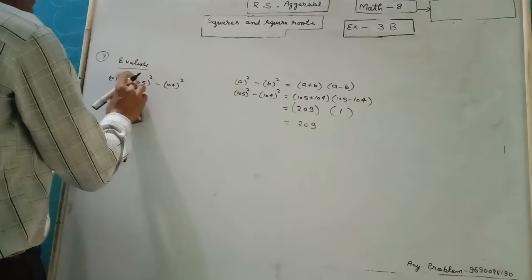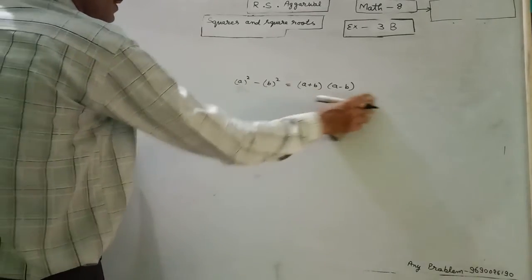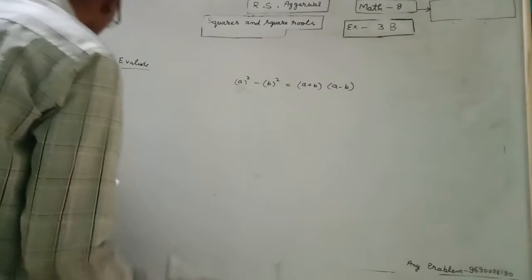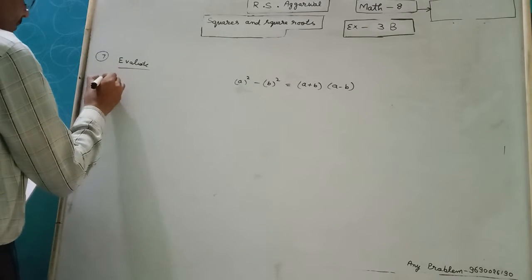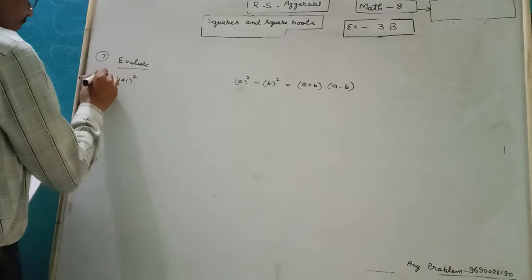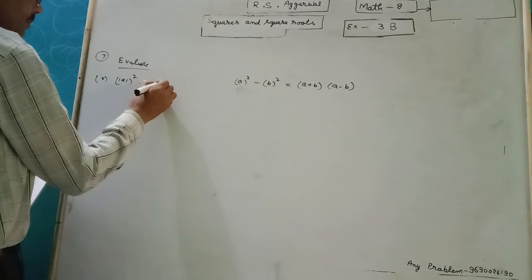Fifth part is 141 square minus 140 square.